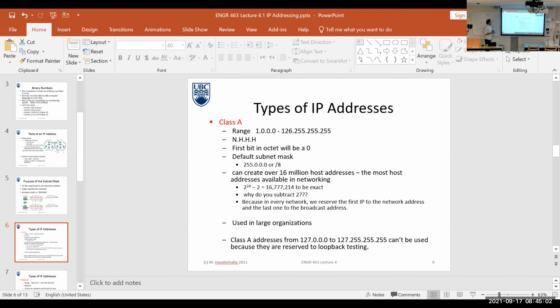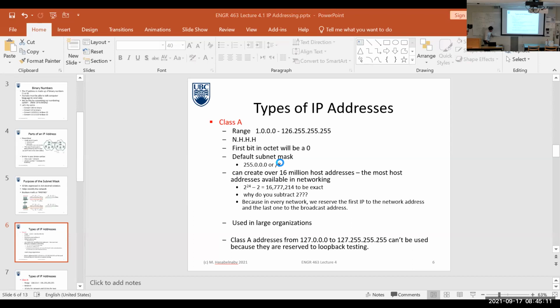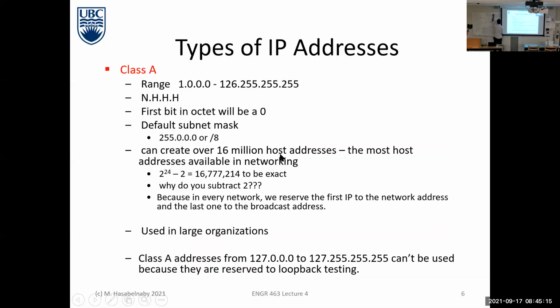For commercial use, we start our IP addresses from 1.0.0.0 to 126.255.255.255.